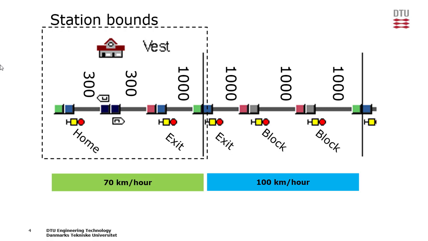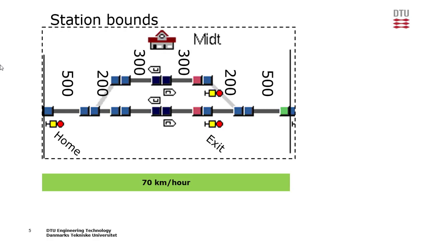Here we have the first station, which is Vest, and then about 3 kilometers of open line. Then we go to the middle station, which is called Mit, and it has the same structure as Vest. Again, we have the track lengths marked in meters above each track segment, and the signal types are marked here in the station bounds.